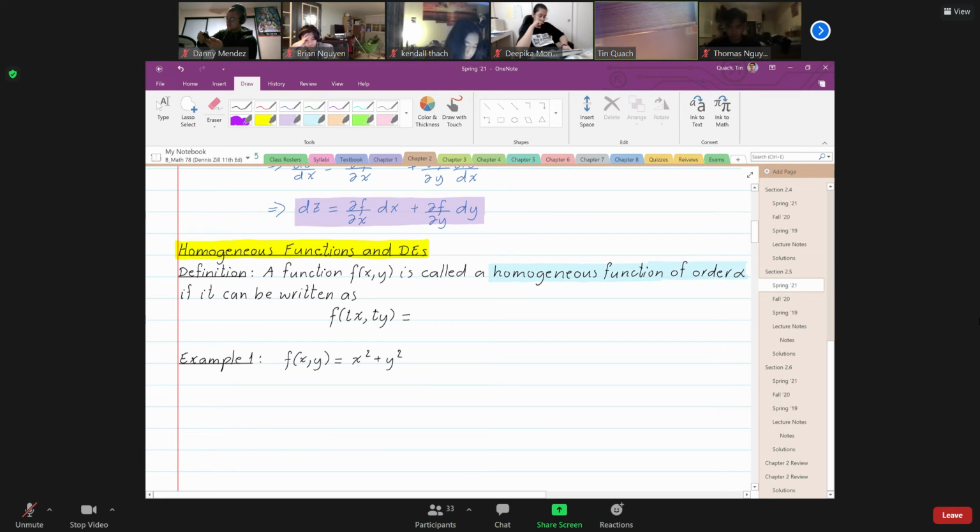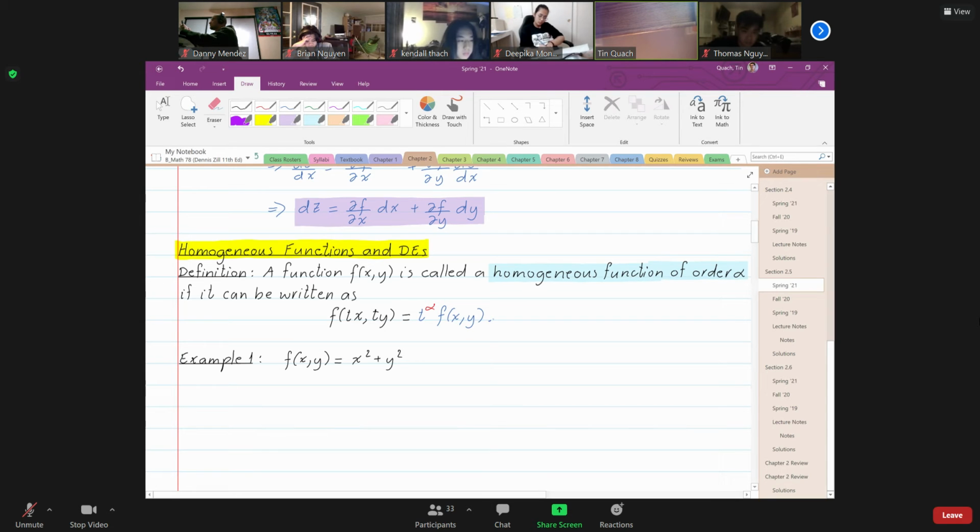If it can be written as follows: when you have a function f(x,y), if you replace x with tx and y with ty, and then somehow you can factor out t raised to a power, and it turns out to be like this, then we call it a homogeneous function.